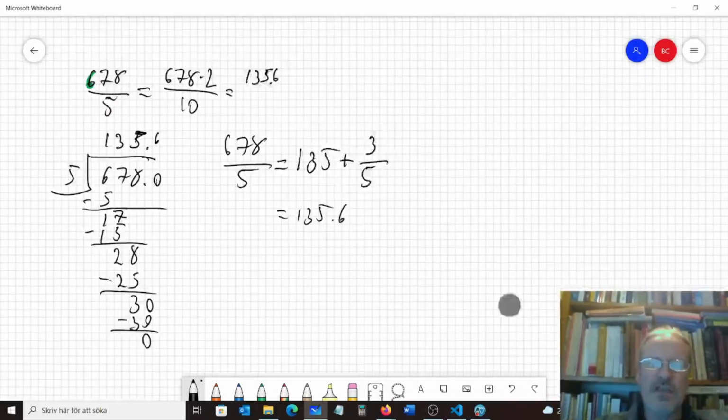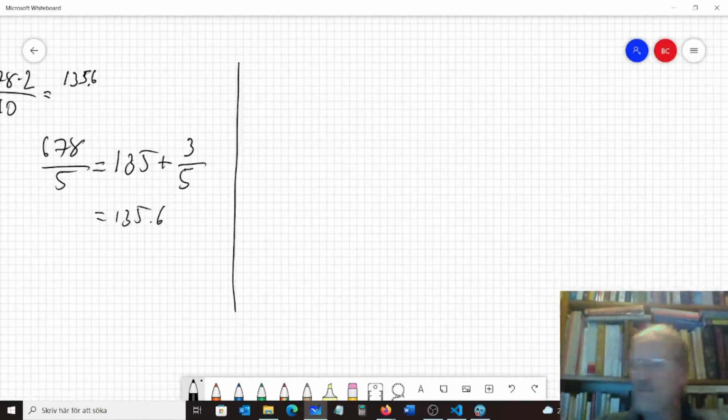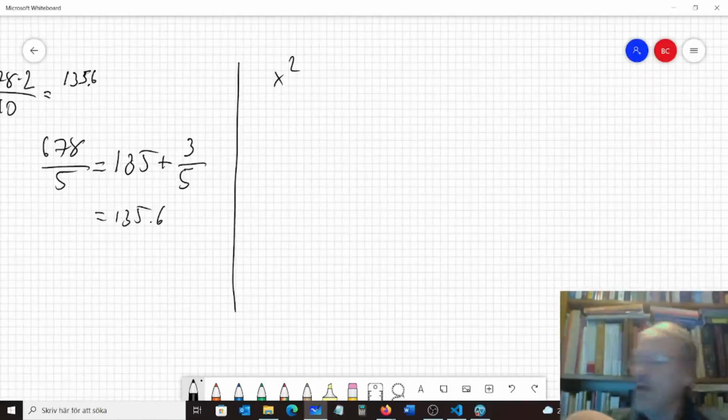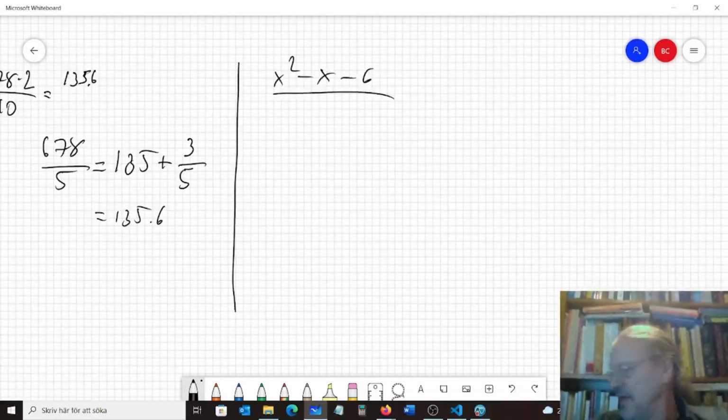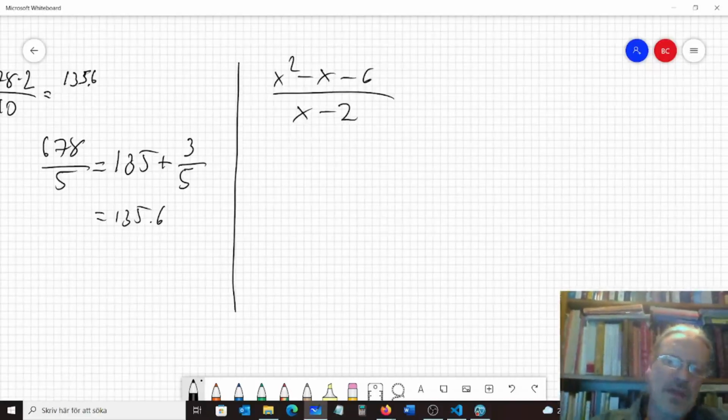So now let's try the same thing, but on a polynomial. Let's say we take x squared minus x minus 6 divided by x minus 2. We write this with long division.